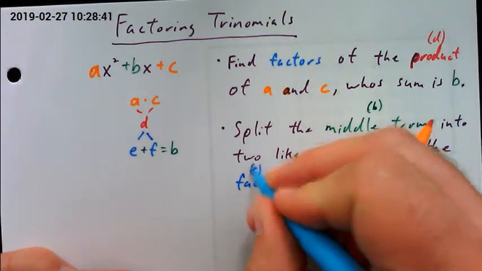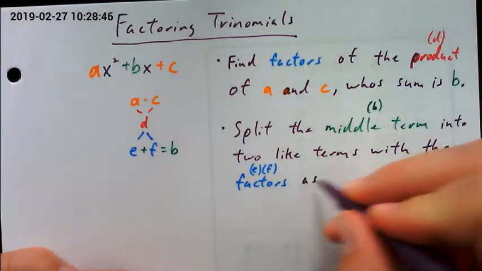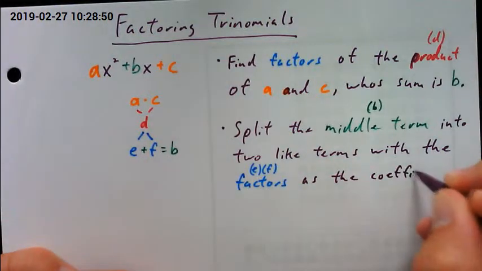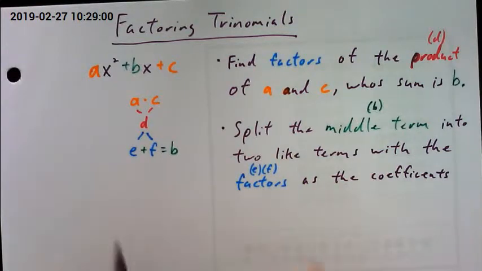Again, we're using E and F for those factors as the coefficients. Once you do that, it'll be the same as what we did yesterday, and we'll do our factoring by grouping.